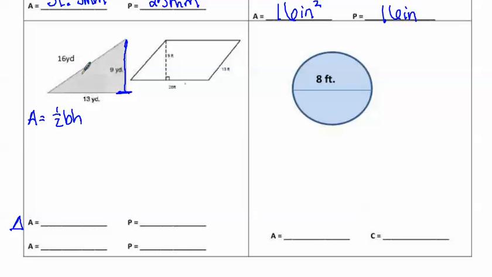No slant. So you get 1/2 times 13 times 9. Once you type this into the calculator going from left to right, you get 58 and 5/10 yards squared. Let's transfer this to our given blank.